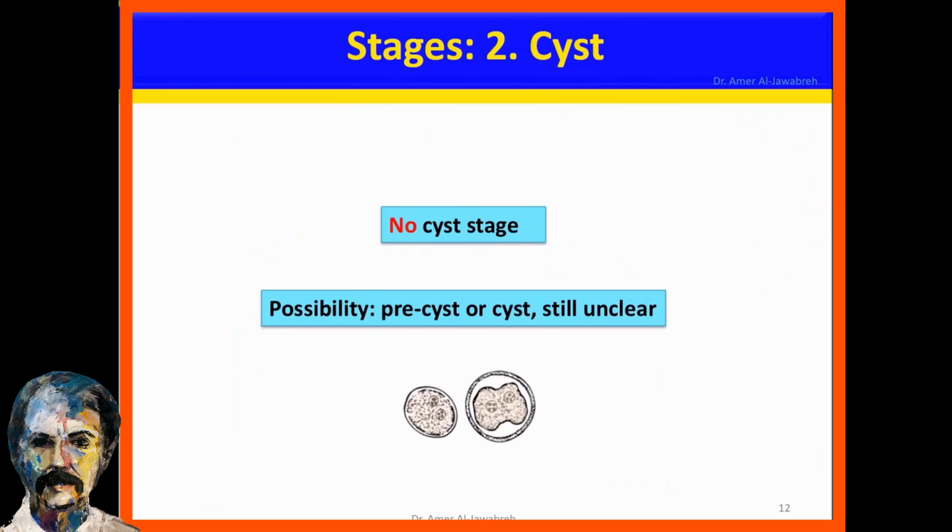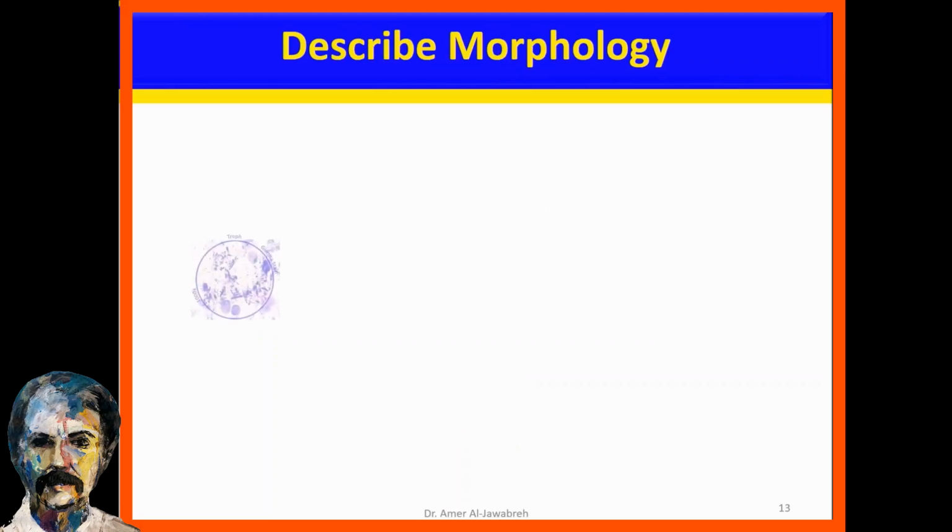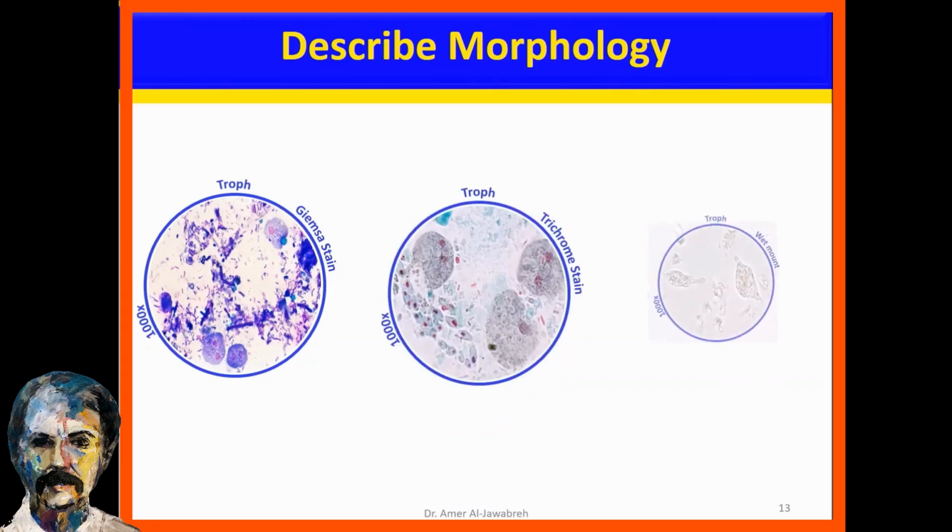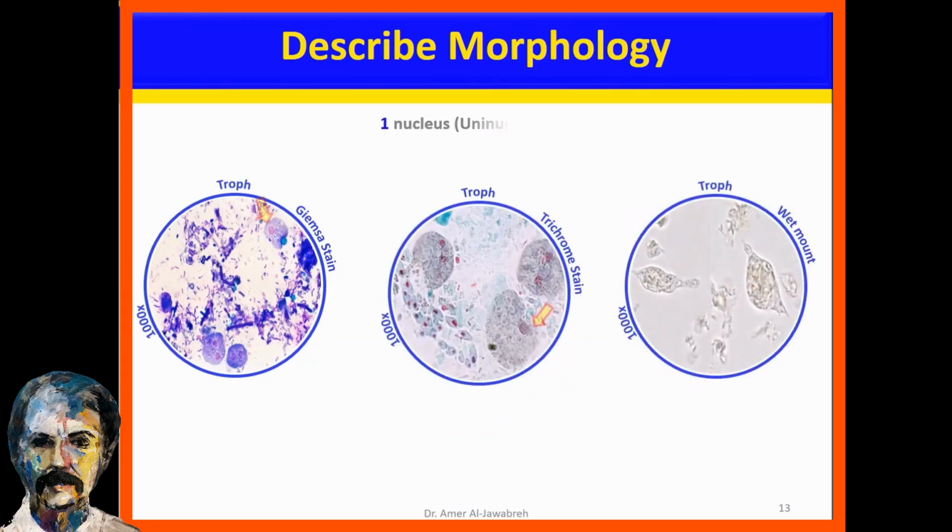No cyst stage, possibly there is a pre-cyst, so I'm not going to elaborate very much on the cyst. We already talked about this. So it's just a hypothetical possibility. Morphology, that's how you see it. This is the wet mount, and if you don't see it moving, this looks like nothing.